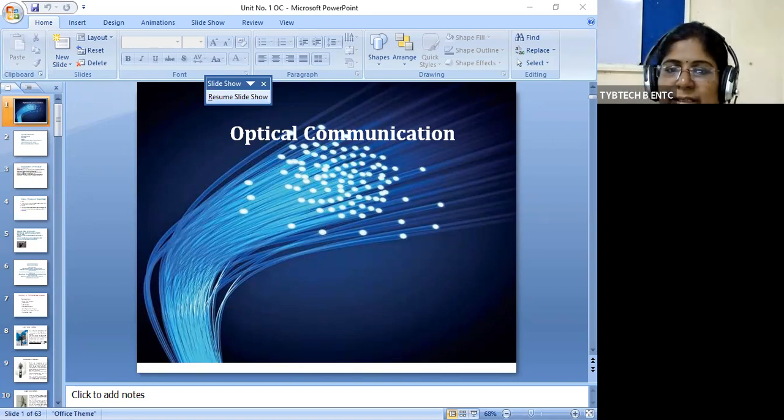Okay, then immunity to electromagnetic interference. Electromagnetic interference is caused by natural phenomena such as lightning and sparking. In some places, electrically, that atmosphere is hazardous. Suppose there is sparking taking place, lightning.